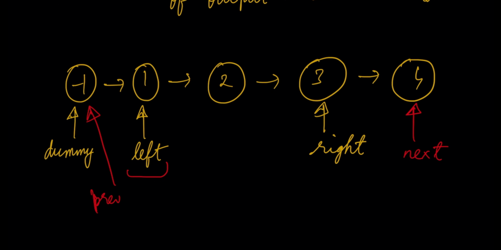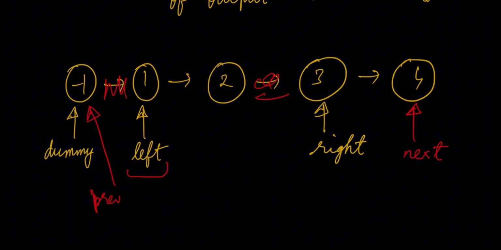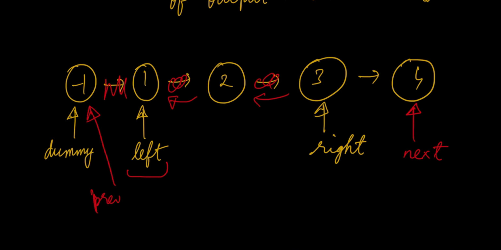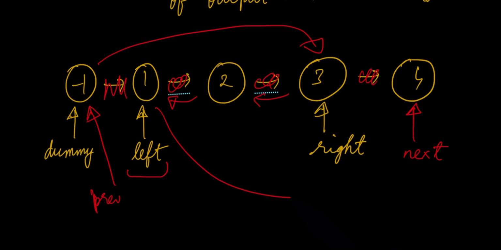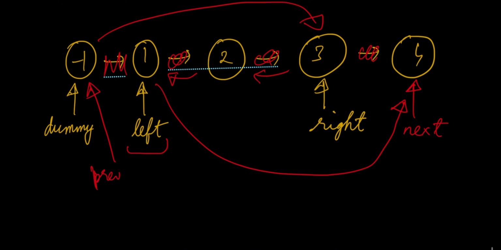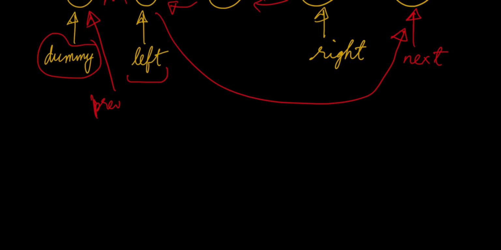So when I'm going to update the previous dot next pointer after reversing this sublist, the pointers would be reversed, and now I can update my previous dot next. So it's going to be pointing at 3, and my left dot next, it's going to point to my next node. So from here you can see that my dummy dot next is my new head. So dummy dot next is going to be my new head.